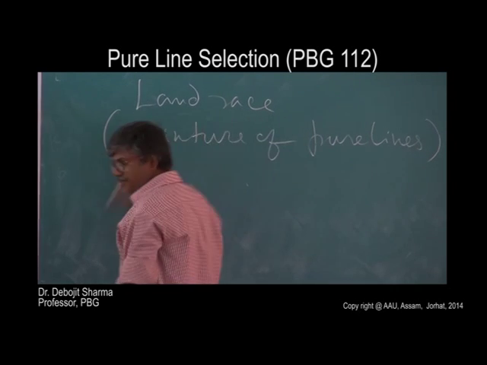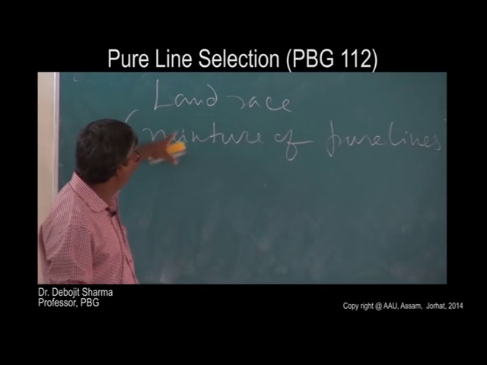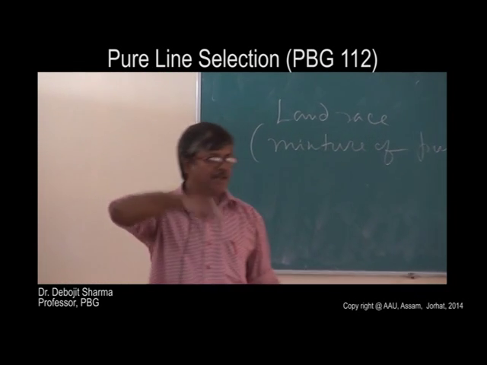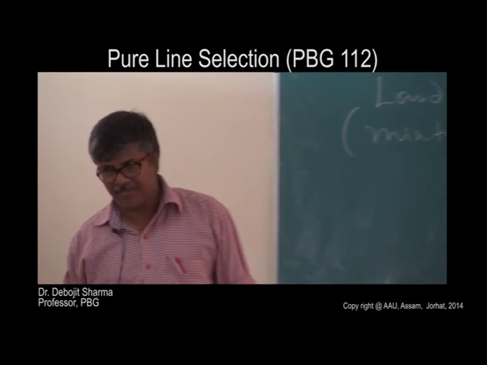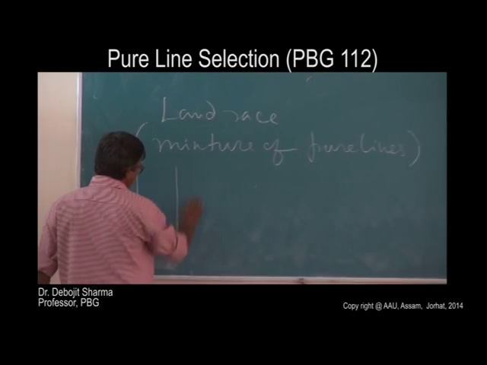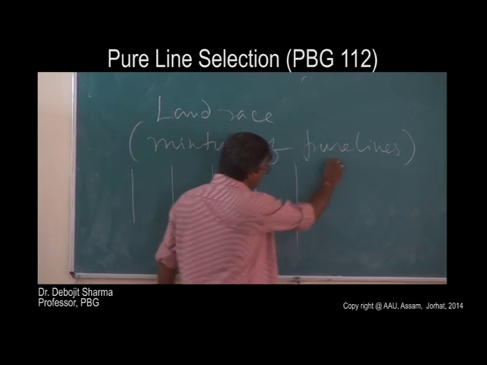Because this is a mixture of pure lines, we can select different plants and grow them in individual progeny rows.